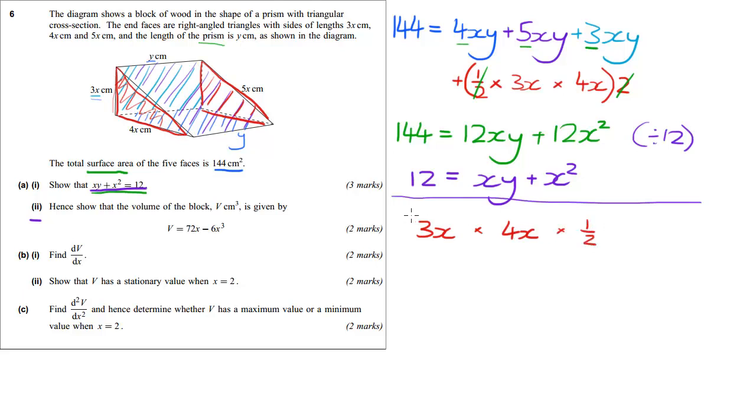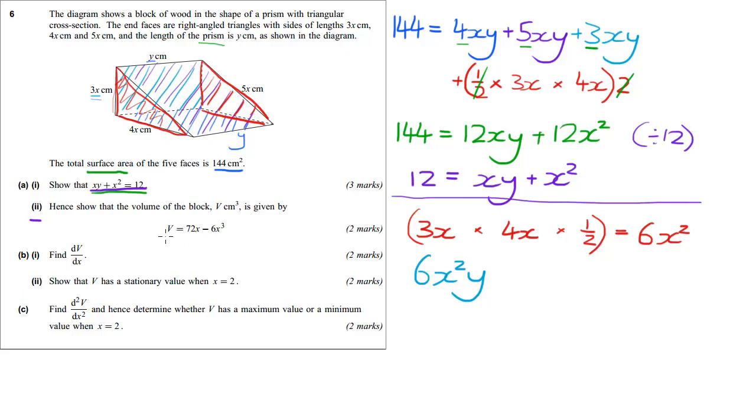So that is going to be 12x squared over 2, so it's going to be 6x squared. Then times by y, so in a new colour, 6x squared y, that is going to be our volume for this prism.